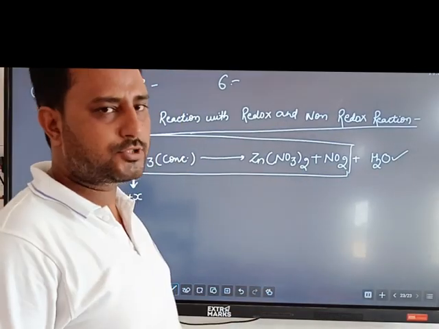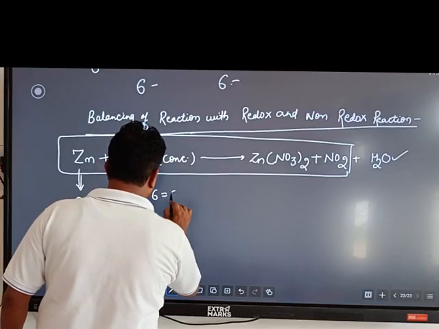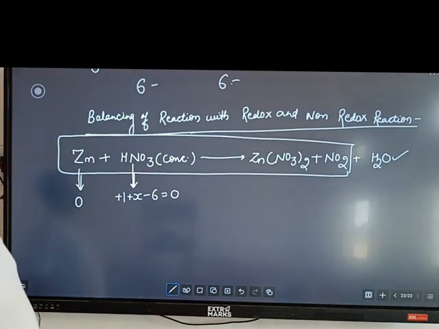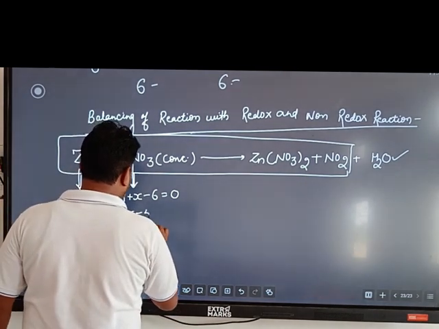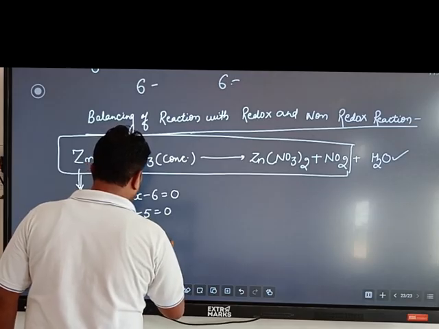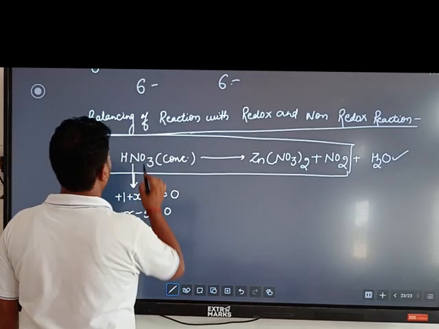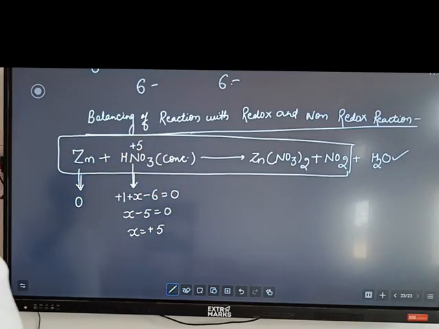Now there are 3 atoms, so it is -6. And total oxidation number is equal to total charge, and it is neutral, so total charge will be 0. In this way, we will get X minus 5 equals to 0. Then after we will get X equals to plus 5. Means in this reaction, oxidation number of nitrogen is plus 5.